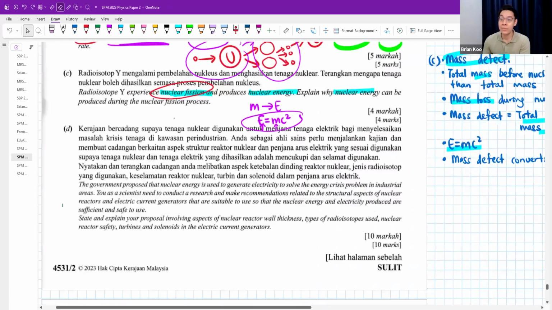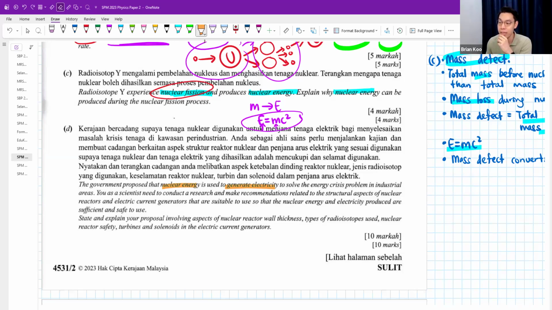Okay, the government proposed that we use nuclear energy to generate electricity to solve the energy crisis problem in an industrial area. You as a scientist need to conduct some research and make recommendations on structural aspects of the nuclear reactor and electric current generators that are suitable to use so that the nuclear energy and electricity produced are sufficient and safe to use.